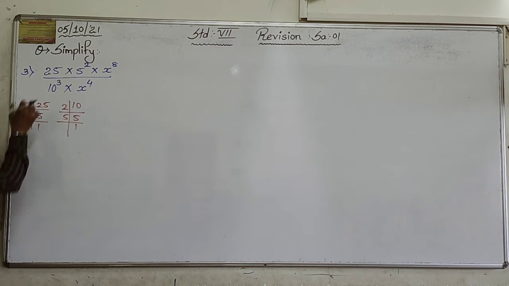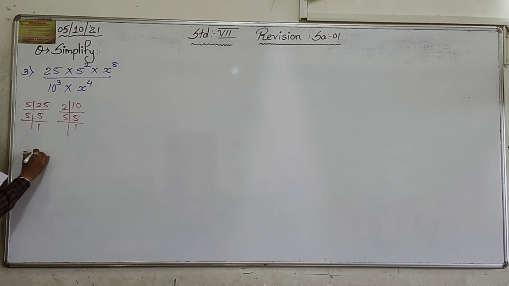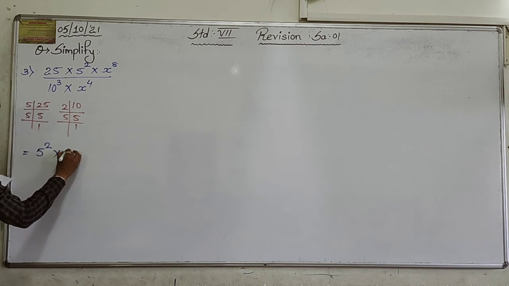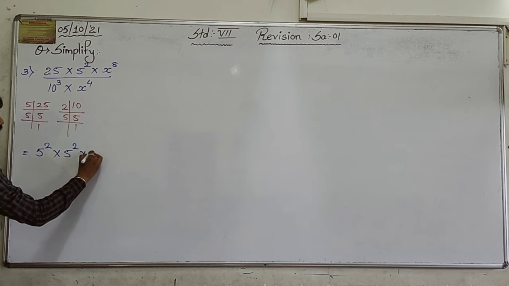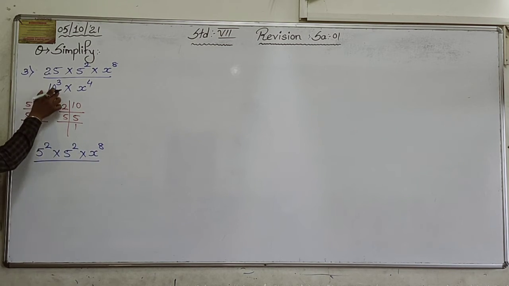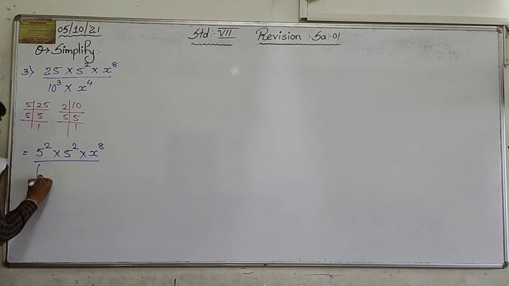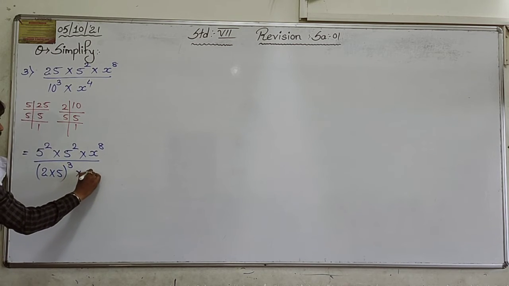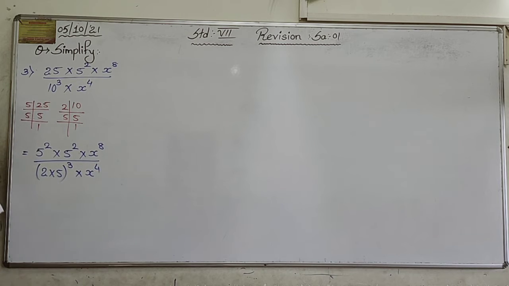So that is equal to this 25 can be written as 5 square multiplied by 5 square multiplied by x raised to 8 upon this 10 can be written as 2 multiplied by 5 raised to 3 multiplied by x raised to 4.